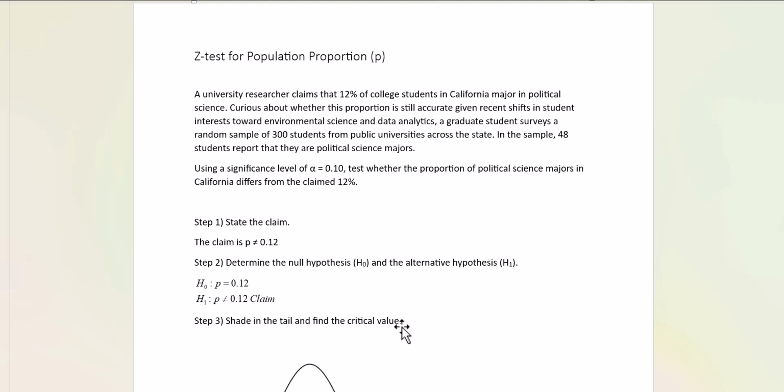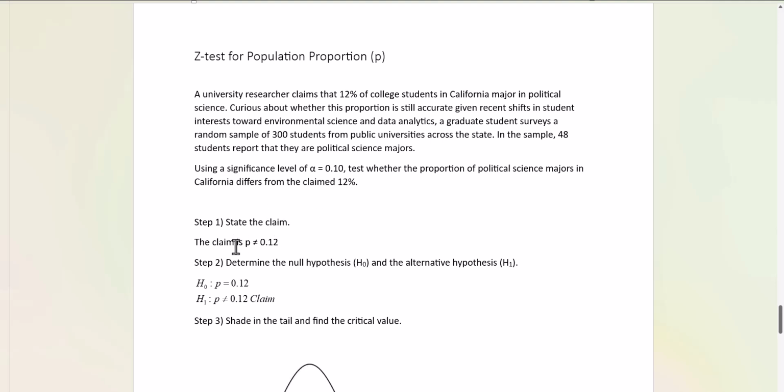Curious about whether the proportion is still accurate given recent shifts in student interest toward environmental science and data analytics, a graduate student surveys a random sample of 300 students from public universities across the state. In the sample, 48 students report they are political science majors. Alpha's 0.10. Test the claim that the proportion of political science majors in California differs from 12%.